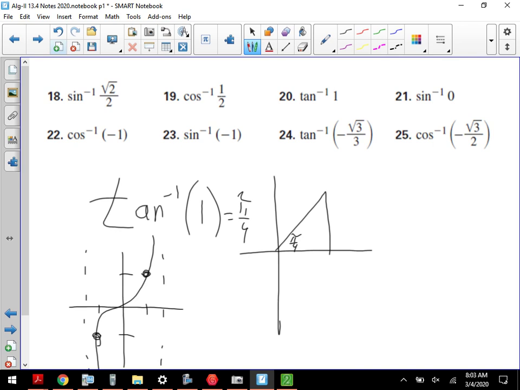Then we did tangent and the cosine of root 3 over 2, that has to be a 30, 60, 90, with your adjacent being the negative root 3. So that would be second quadrant, and your opposite was the 1, so that was 5 pi over 6. Okay. And that's how the stuff looks.